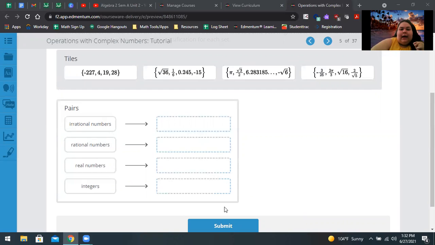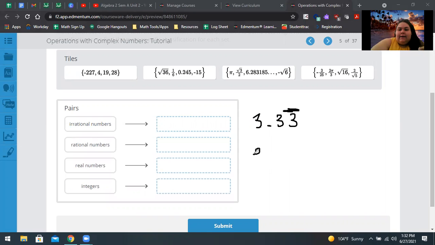Now, how do we identify irrational versus rational? I like to consider rational numbers like 3.33, and with this little bar, it represents that the 3 keeps on repeating.